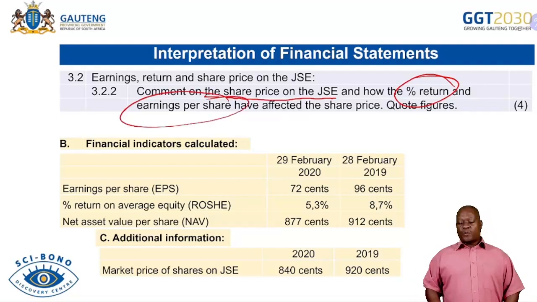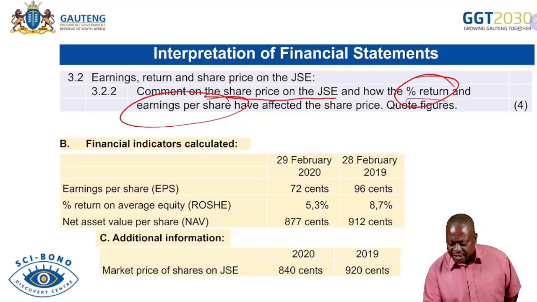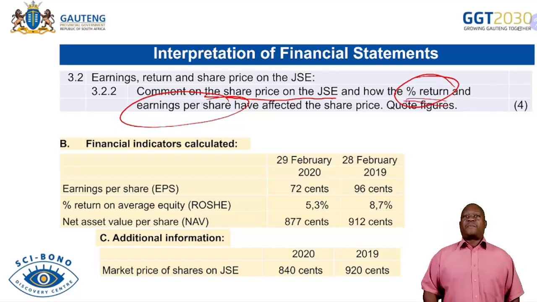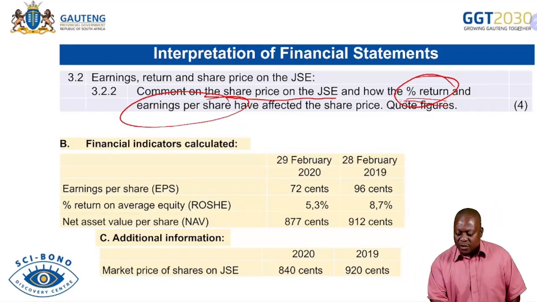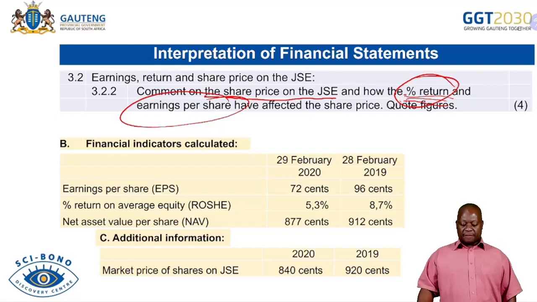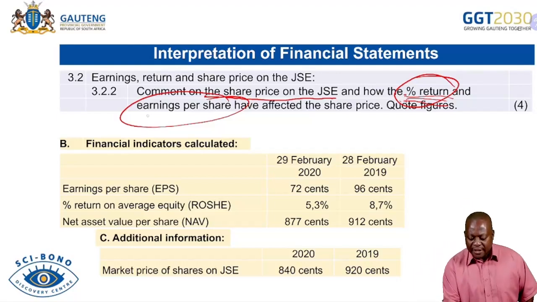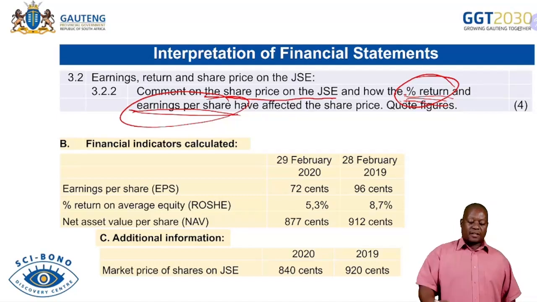So we are going to be in a position to say, what happened to my percentage return? And how is that going to affect the share price on the JSE? And we are going to say, what happened to our earnings per share and how is it affecting the share price on the JSE?